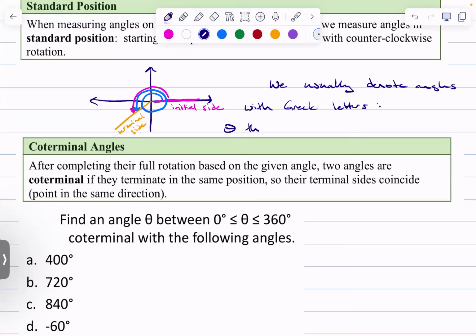Those are the common angle Greek letters. There are more, but fine.